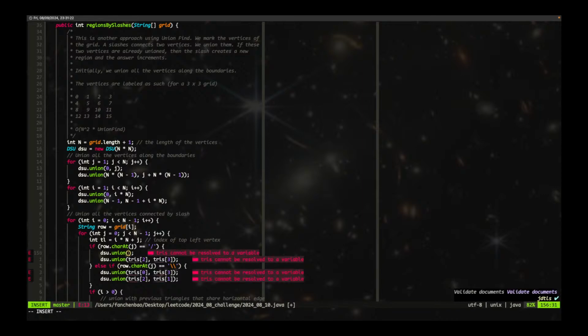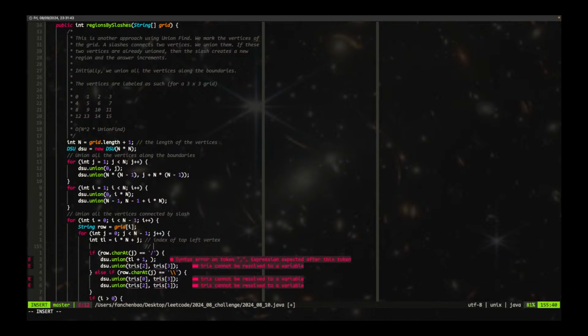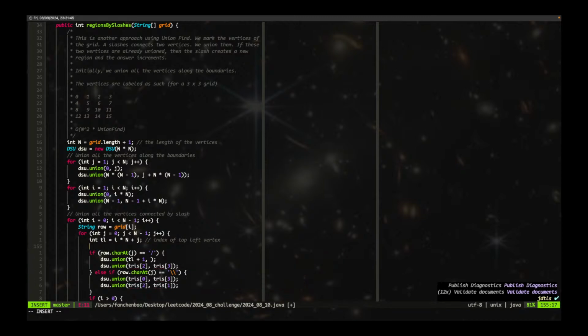Okay, so we need to handle the union. If it's a left slash, that's going to be TL plus 1. Right, the top left plus 1 with bottom. Okay, top left, bottom left.